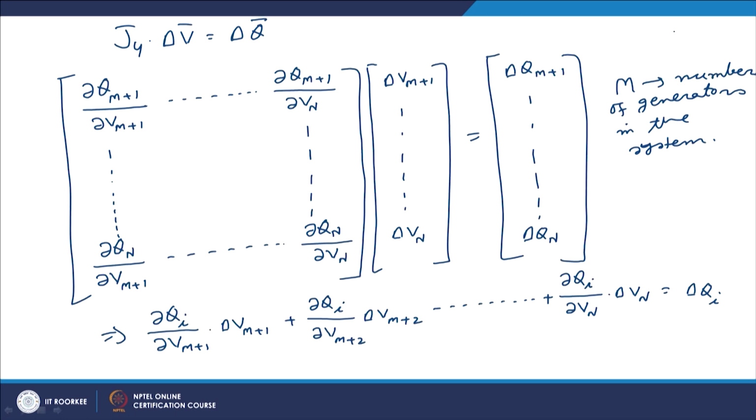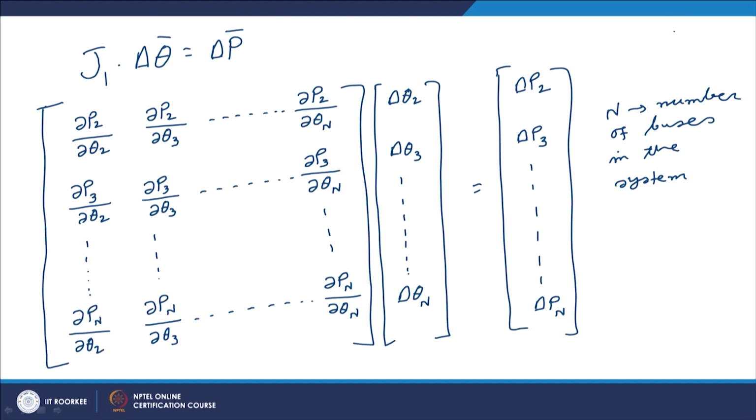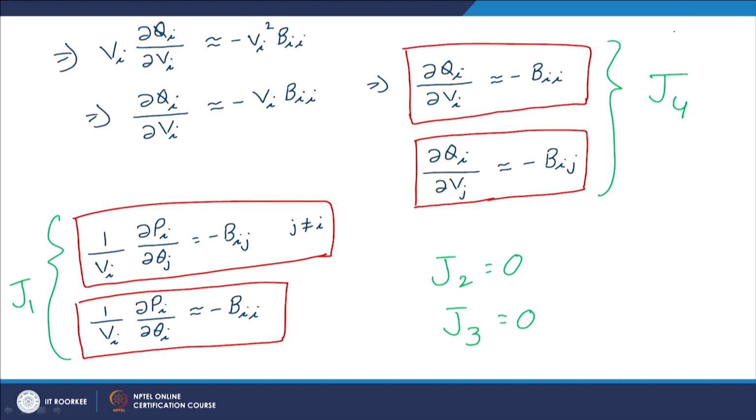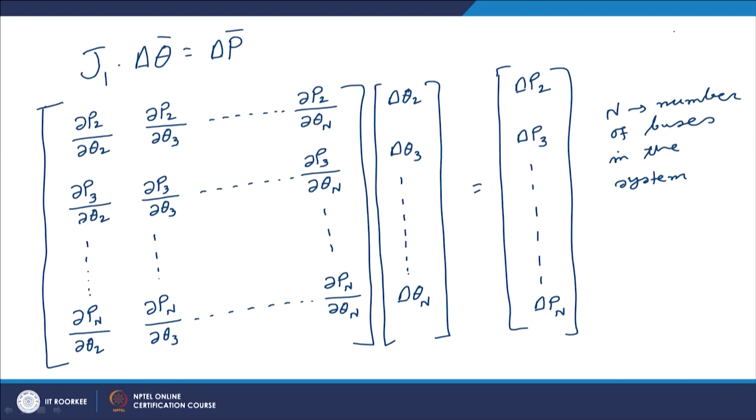I get minus b I m plus 1 into delta v m plus 1, minus b I m plus 2 into delta v m plus 2, dot dot dot, minus b I n into delta v n is equal to delta q I. What we have done is simply substituted these expressions into this.